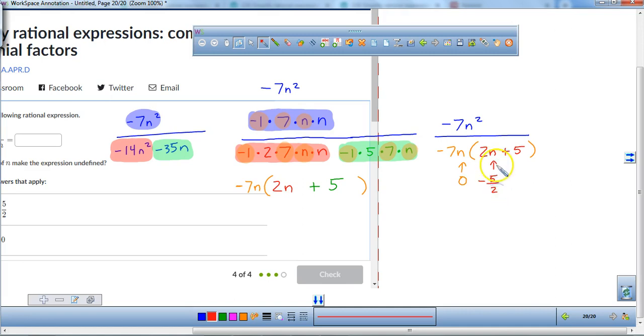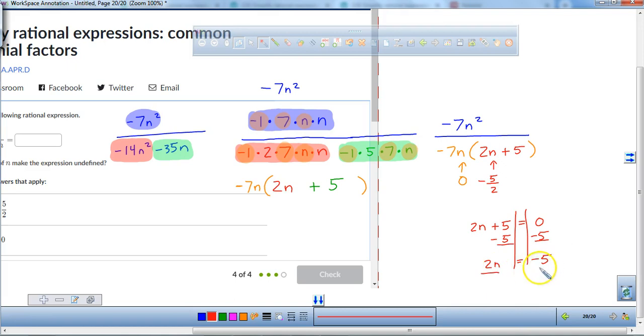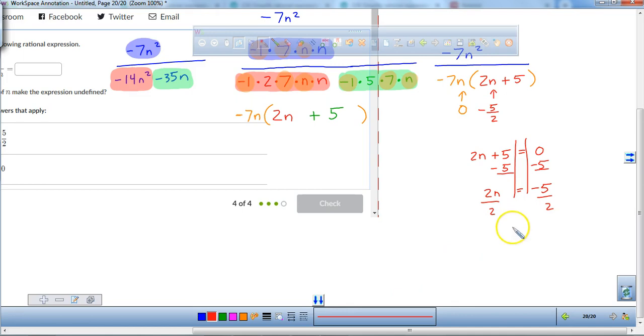Now, how would I figure that out if I was trying to solve for this? All you have to do is take 2n plus 5, set it equal to 0, and then solve for the value of n. By taking 5 away from both sides, you get 2n equals negative 5, and you divide both sides by 2, and n equals negative 5 over 2.